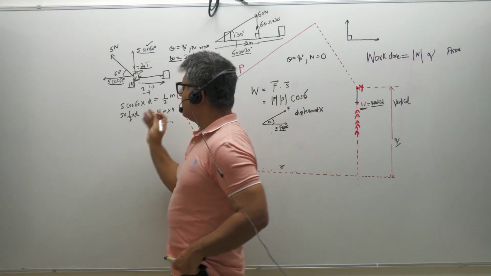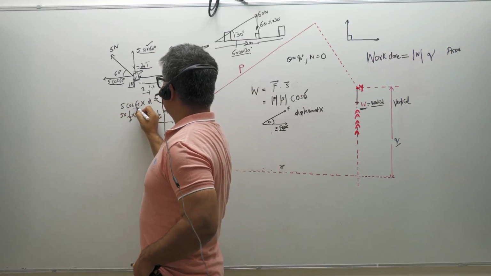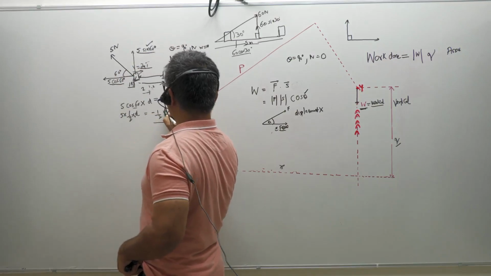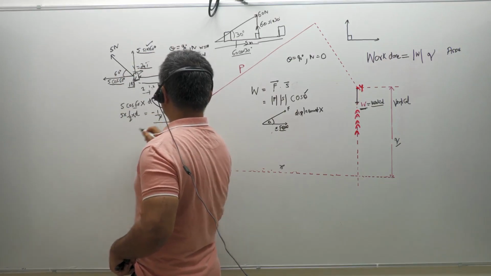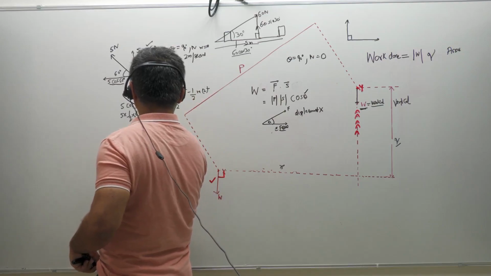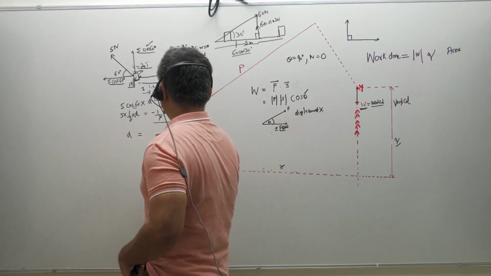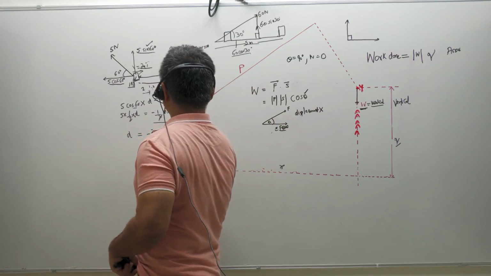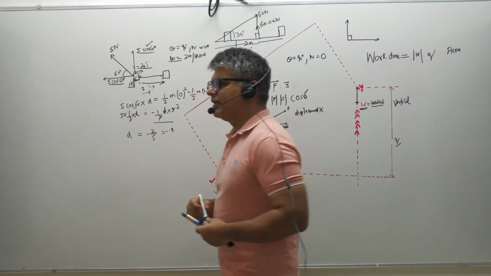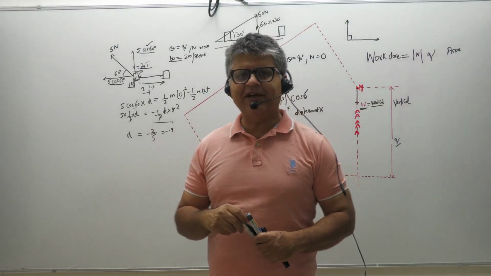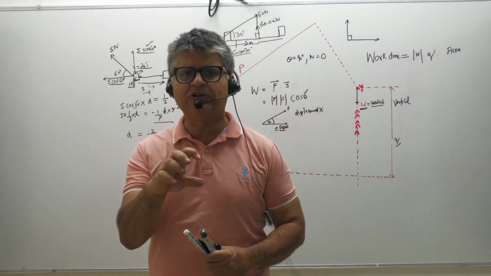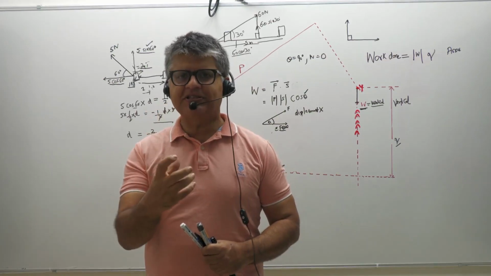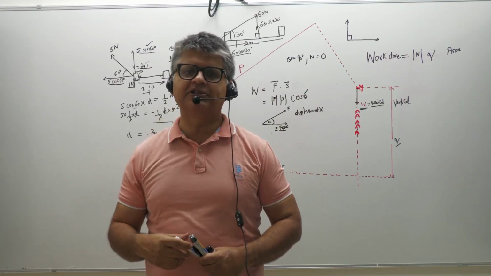Because they're in opposite direction, and the mass is 1 kg, the displacement therefore is given by 2 divided by 5, and this is minus 0.4. So the work done is negative, and therefore when you supply negative work, the body loses kinetic energy and comes to a standstill.